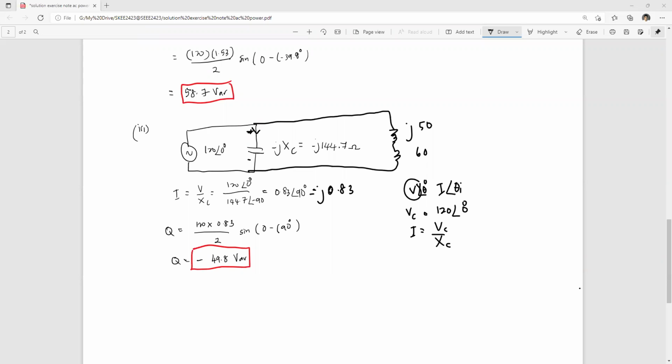To get the P, you just use V RMS times I RMS times cos of theta V minus theta I. So 208 multiplied by 13.4 with cos of 23 degrees. Based on my calculation, your power is around 2.56 kilowatt.